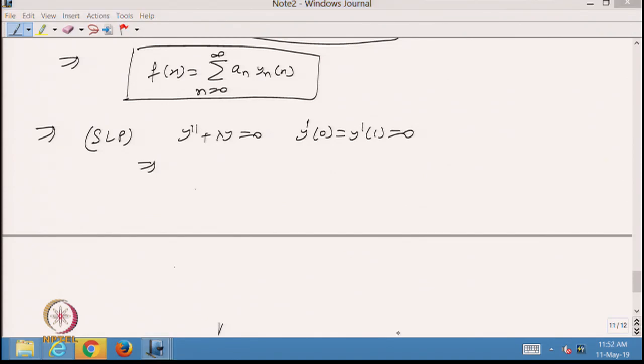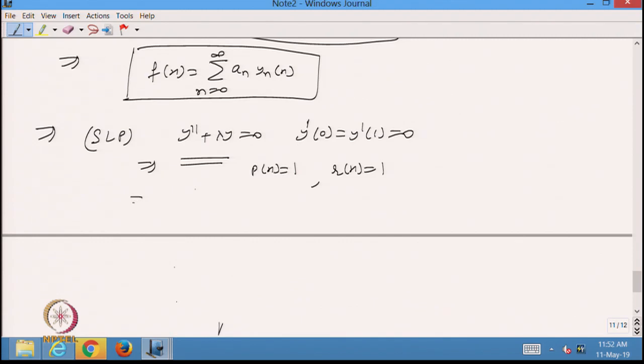So, you can say that this is a self-adjoint form, and in this case my operator is just d square over dx square. So, from here I can find out the solution. Now, from here my px will be 1 and my rx in this case will be 1.